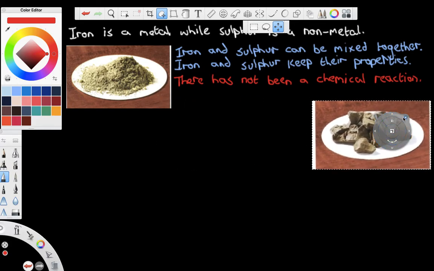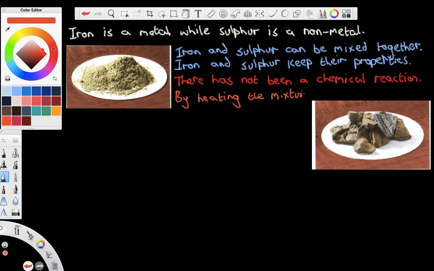Okay? So we can say that by heating the mixture, we cause a chemical reaction, forming iron sulfide.